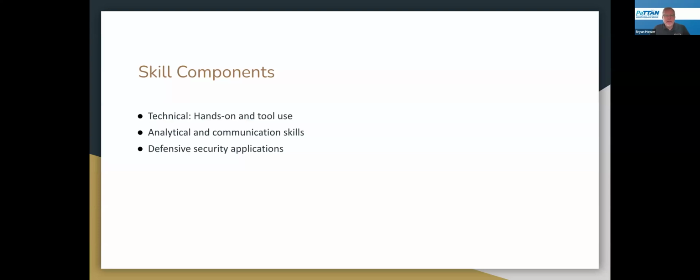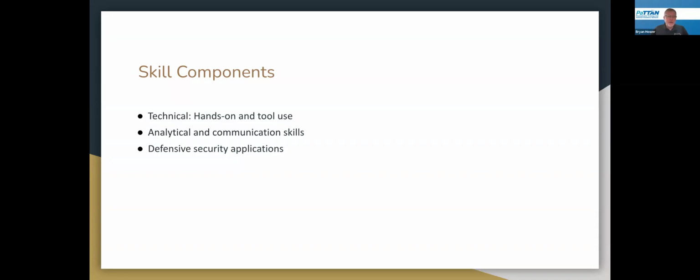Skill components represent what students should be able to do with their knowledge. In cybersecurity, these typically include technical skills like configuring firewalls or using security tools, analytical skills like evaluating threats or interpreting data, communication skills like documenting findings or explaining security concepts, and defensive skills like implementing protections or responding to incidents.